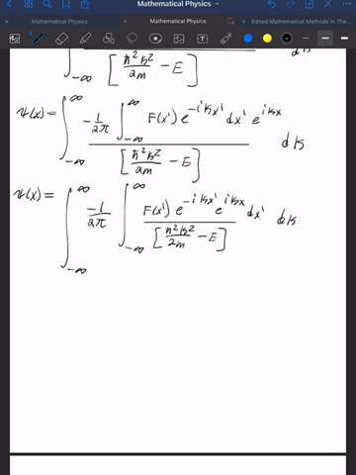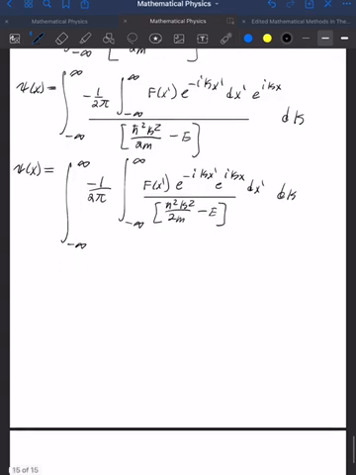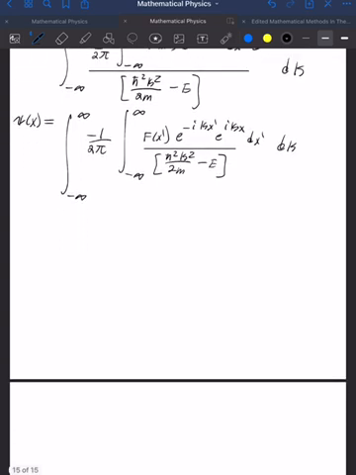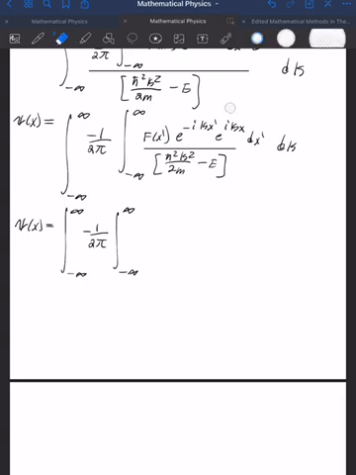And we're going to do just a couple more manipulations on this until what we see is what's called a Green's function. So psi of x is equal to the integral from minus infinity to infinity of minus 1 over 2 pi times the integral from minus infinity to infinity. Now, with these exponential terms up here, we're multiplying them, right? Same base, we can add the exponents.